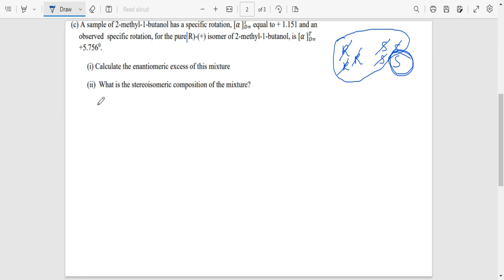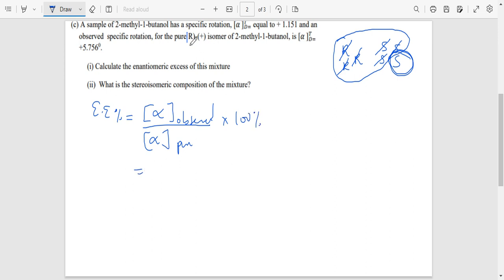So how do you calculate the enantiomer in excess? Enantiomer in excess percentage is given by the observed specific rotation divided by the specific rotation of the pure substance. Since it's a percentage, you multiply that by 100%.